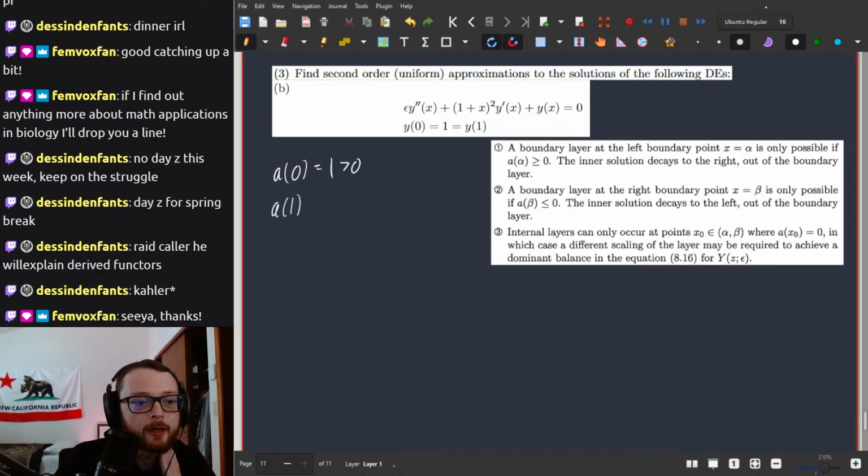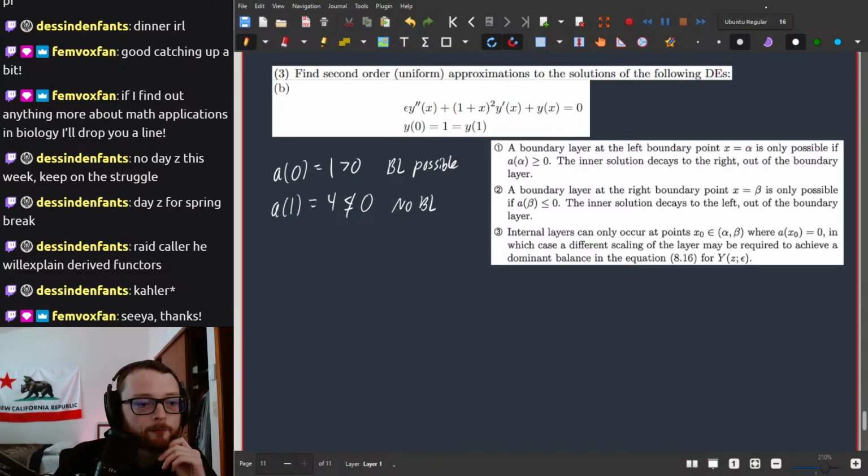At the right endpoint, it's equal to 4, which is, I mean, it's not less than or equal to 0. This is awkward notation, but no BL possible.